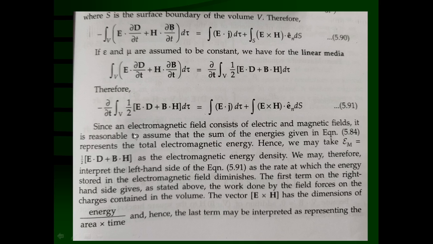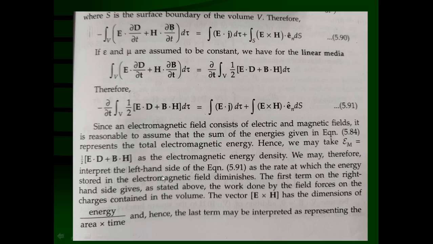Since the electromagnetic field consists of electric and magnetic fields, it is reasonable to assume that the sum of the energies given in equation 5.84 represents the total electromagnetic energy. Hence, we may take Em equal to 1 half E dot D plus B dot H as the electromagnetic energy density.